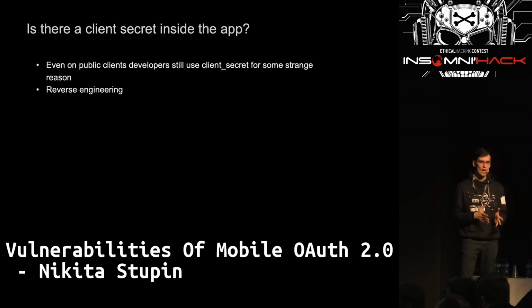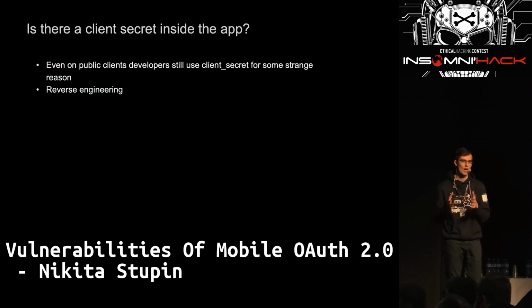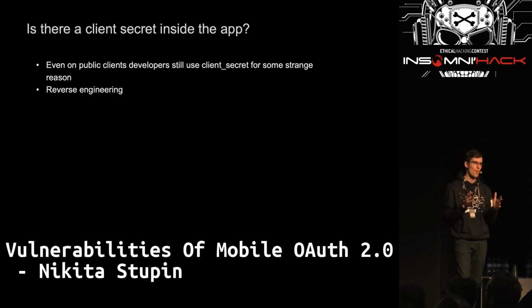And another type of token is client secret. As you know from classic OAuth, client secret is like a password for the server. So whenever it's exposed, some functionality is compromised. And you can check whether, for different reasons, developers hard-code client secret into their mobile apps.